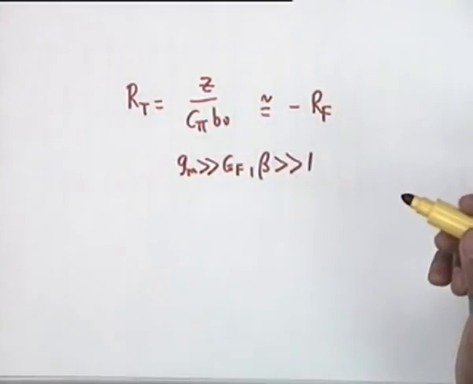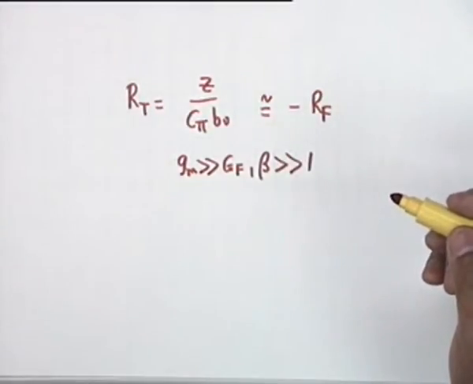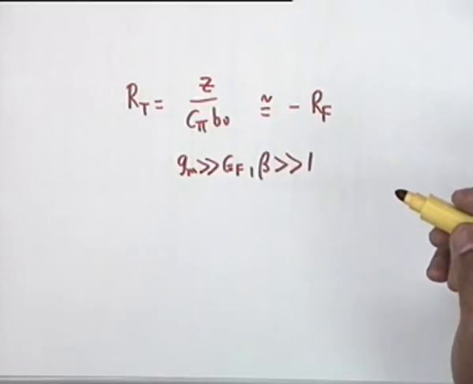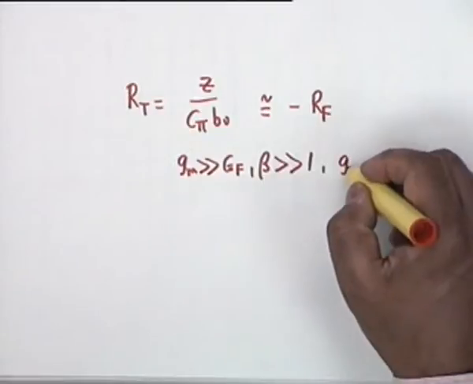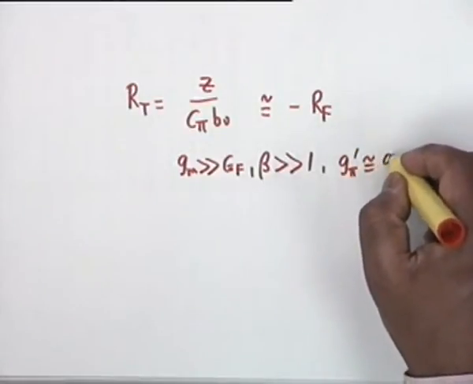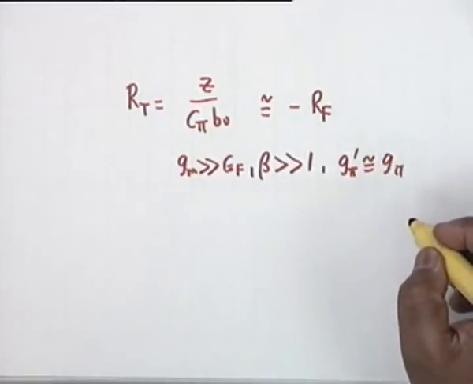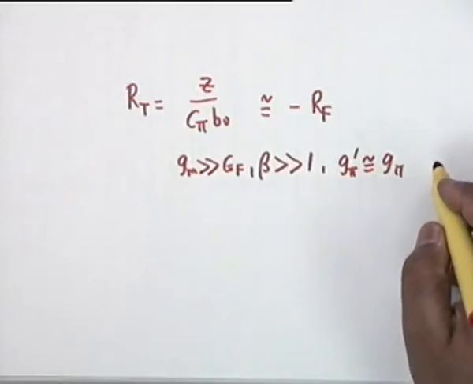Beta much greater than 1, which means that G pi prime was approximately equal to G pi, which means that Rs is much larger compared to R pi. Agreed?